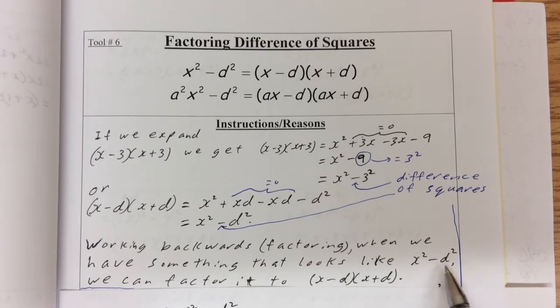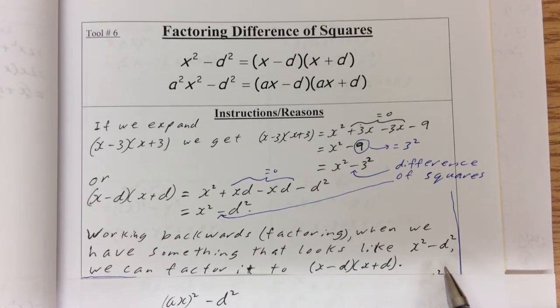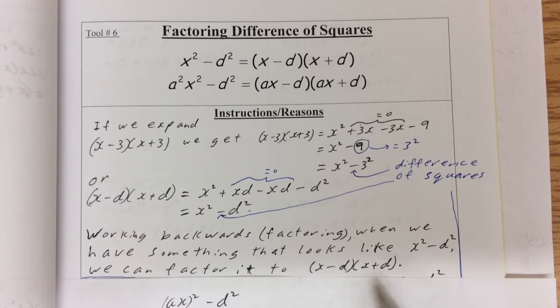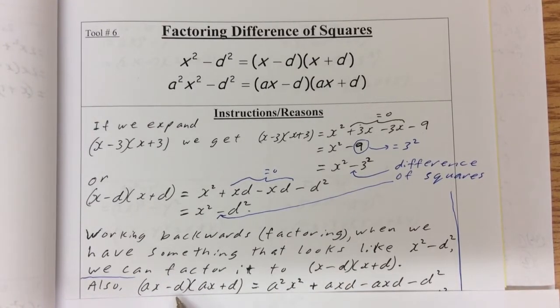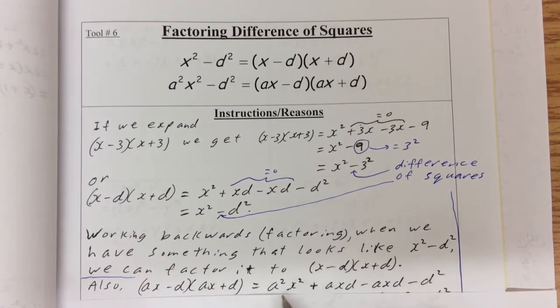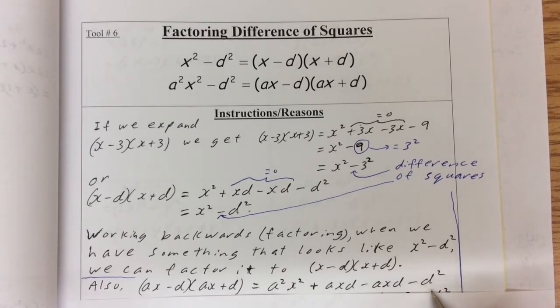Okay? Working backwards, so factoring it, it's basically like I just said. If you have x squared minus d squared, something that looks like that, then you can immediately factor it to x minus d, x plus d. If you had something more complex, like the ax minus d and ax plus d, so now we have a number in front of the x. When you multiply it out, you get a squared x squared, so ax times ax is a squared x squared, plus axd, the outside, minus axd, the inside, and then minus d squared, which is the last.